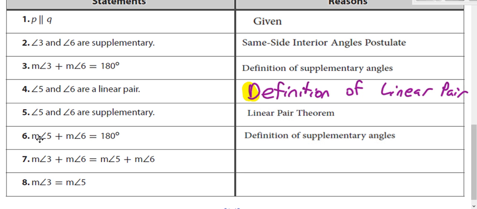So we just said that angle 5 and angle 6 add to 180. Here's angle 5 and angle 6. And earlier in step 3, we said that angle 3 and angle 6 add to 180. And here we have angle 3 and angle 6. We can combine those. Since they both add to 180, they both equal 180, that means they equal each other.